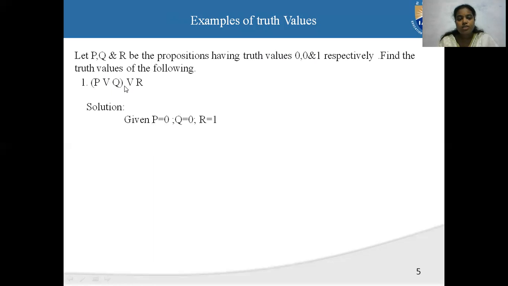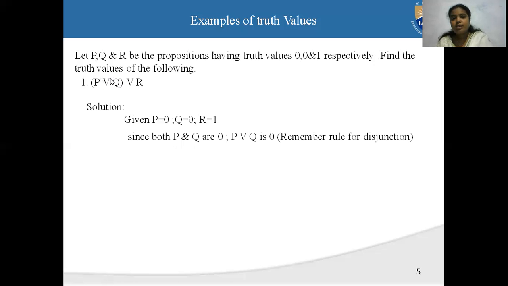Evaluate within the parentheses first. So 0 or 0. What is the rule of or? If false follows false, then it is false, otherwise true. Here false follows false means 0. Remember the rule of disjunction. Next 0 or 1.